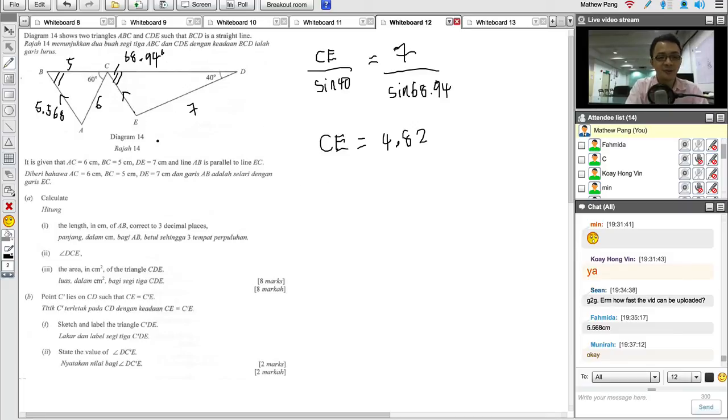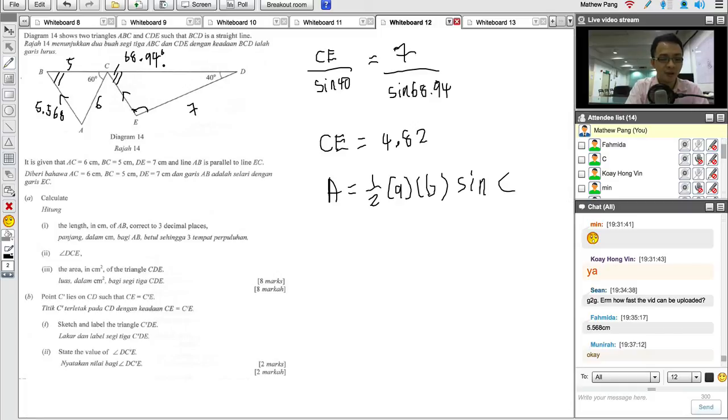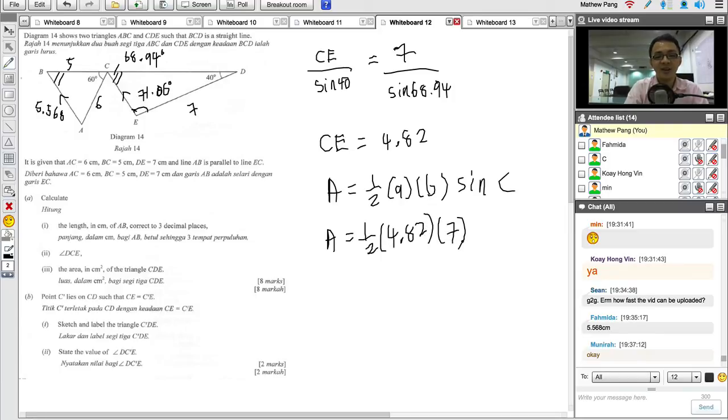In order to find the area of the triangle, we know area equals to 1 over 2 ab sine C, isn't it? Now I have this length and this length, I need to have this angle. This angle is just 180 minus these two. So 180 minus 68.94 minus 40. So the angle in the middle here will be 71.06. So area will be equal to half, two sides, one is 4.82, the other one is 7, multiply sine angle in between, which is 71.06.